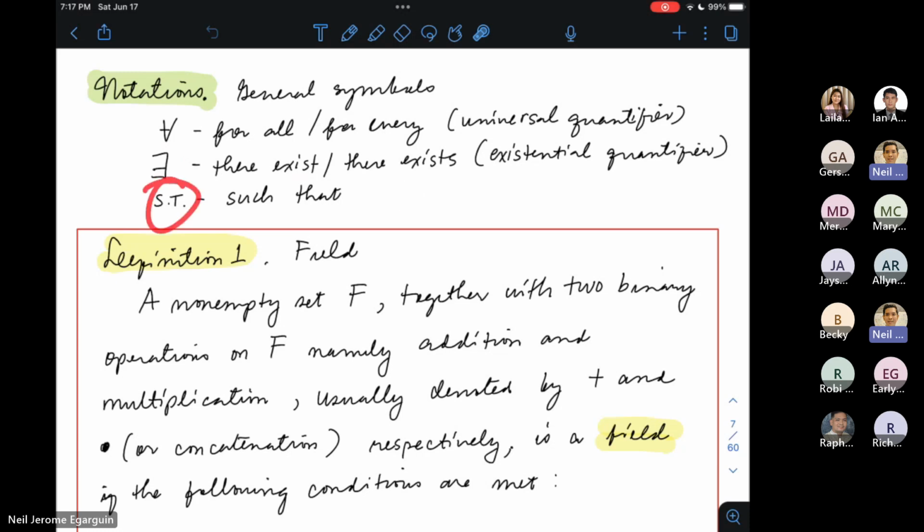Pero I'll stick to ST para hindi siya magmukhang alien looking. What else? I use IFF for if and only if. And then other notations that I'll use, introduce ko na lang later. If there's a weird symbol that I haven't defined, but I use it somewhere, please tell me, call my attention so that I can define them properly.